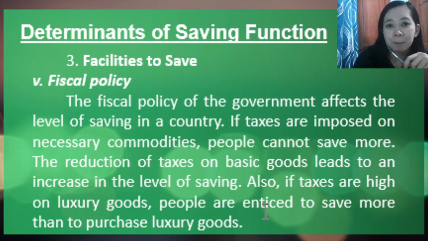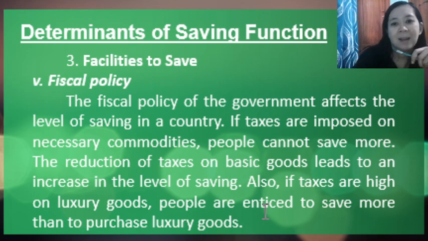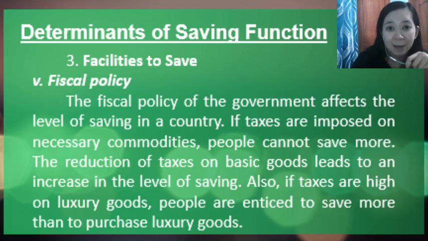Especially for goods from abroad or imported products, depending on how they are transported, some goods from abroad are actually tax free, so they are much lower, while others have higher taxes, depending on the policy being implemented by the government. Okay, so those are the different determinants of the saving function. These are the factors that affect the saving ability of the individual.